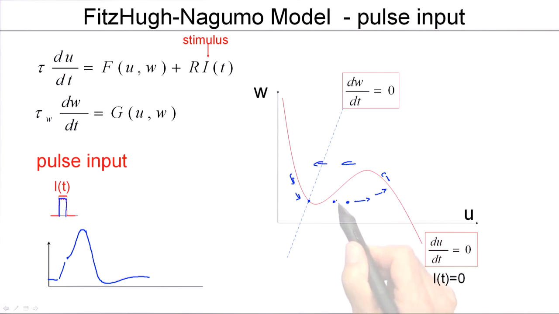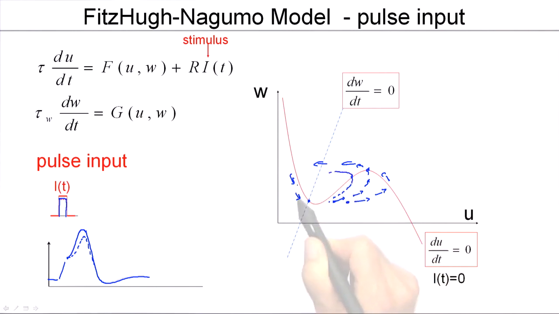Now, if I reduce the size of the pulse, and I start here, well, on this side, the flow is to the right and slightly to the left. And now a new trajectory can develop, which looks different. This new trajectory will basically look like this. If I move over here, there's no reason that there shouldn't be a shortcut back to the fixed point.